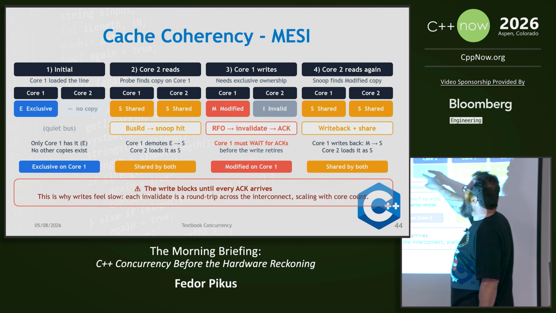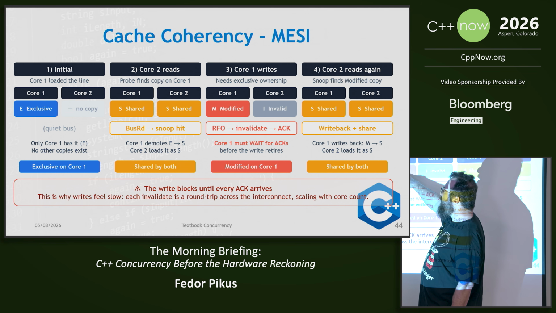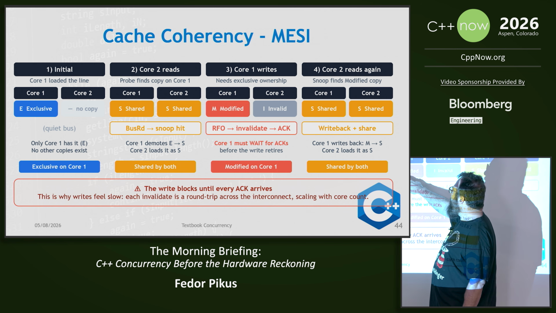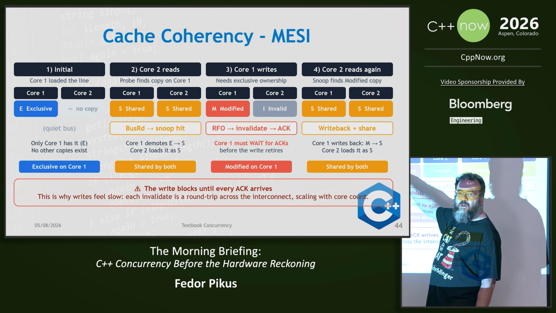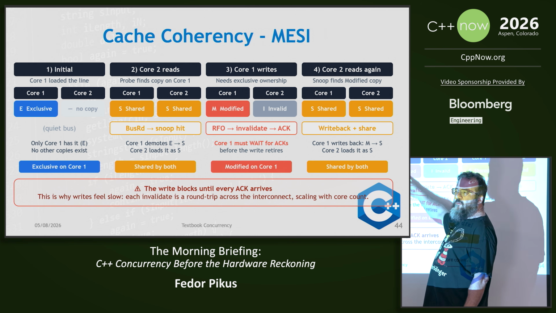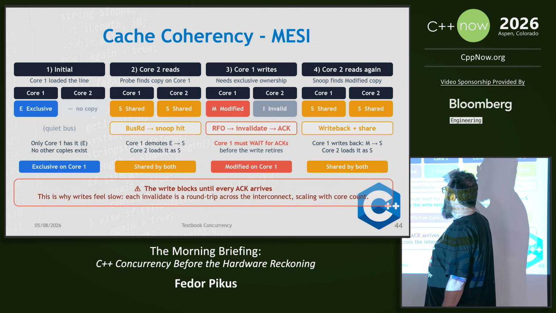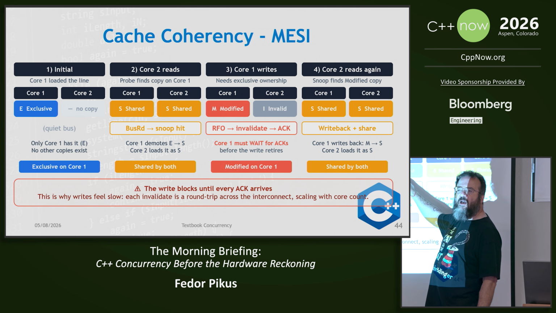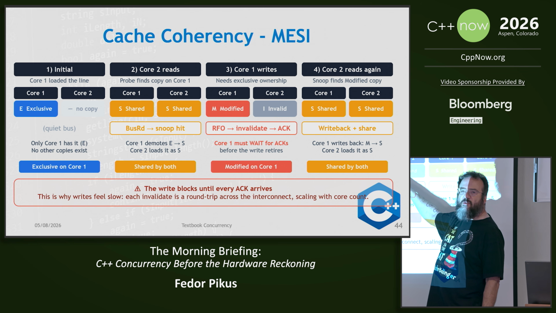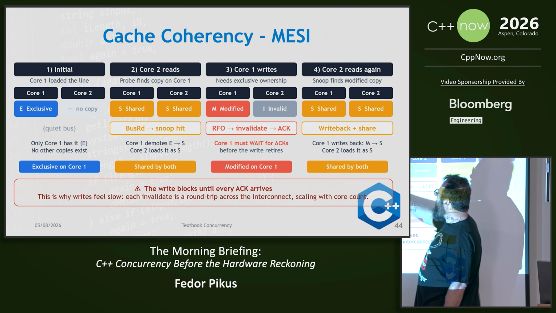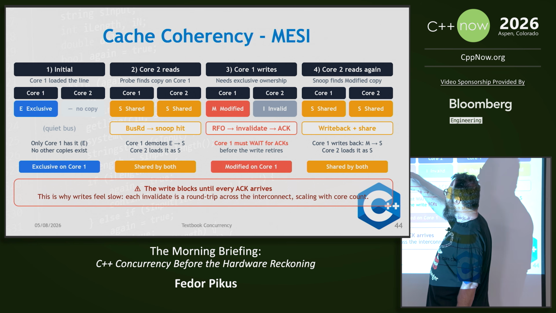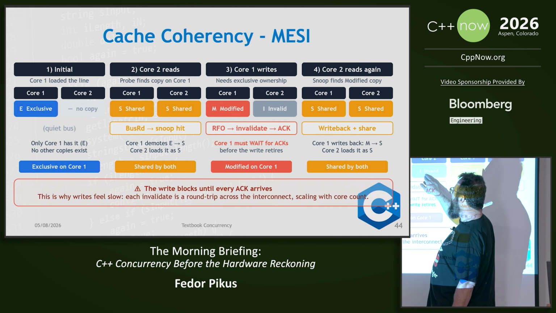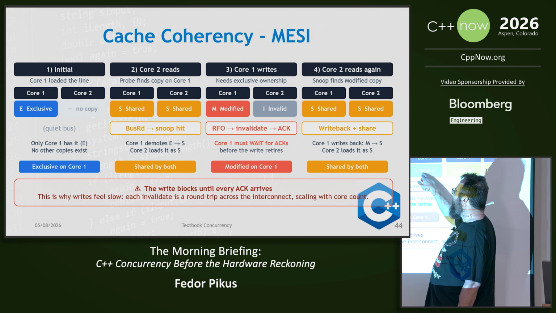Now core 1 wakes up and decides to write into it. At this point, it goes into the modified state, because this is different from what is in main memory and anywhere else. Core 2's state is no longer shared. It's now invalid, because the value it sees is out of date. Again, there is this interaction between caches that is arranged differently on different hardware, but core 1 sends a signal to core 2 to invalidate its cache line.